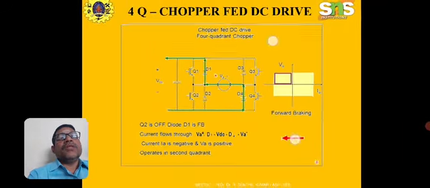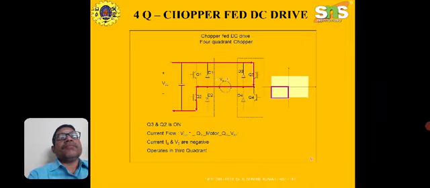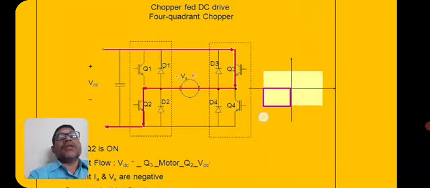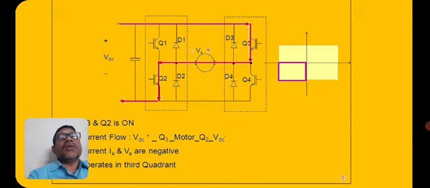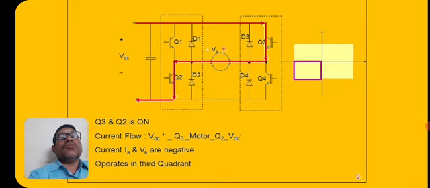And now let me see the third quadrant. This is the third quadrant operation. Here, for the third quadrant operation, the transistors Q3 and Q2 are turned on, whereas the supply is again from the positive through the transistor Q3 to the armature and returns through Q2 and back to the supply in the negative direction.